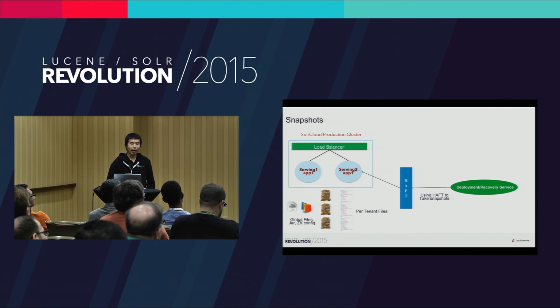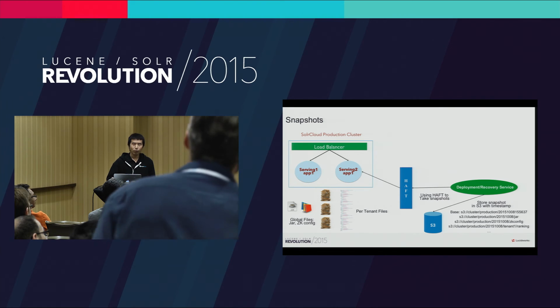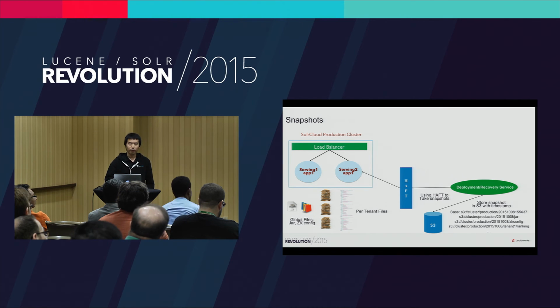We just use the API to take a snapshot of, for example, serving data center 2, which will have the global files of the jar file and global config, and the per collection level config of the ranking files, and put them to S3 with a timestamp-based folder.